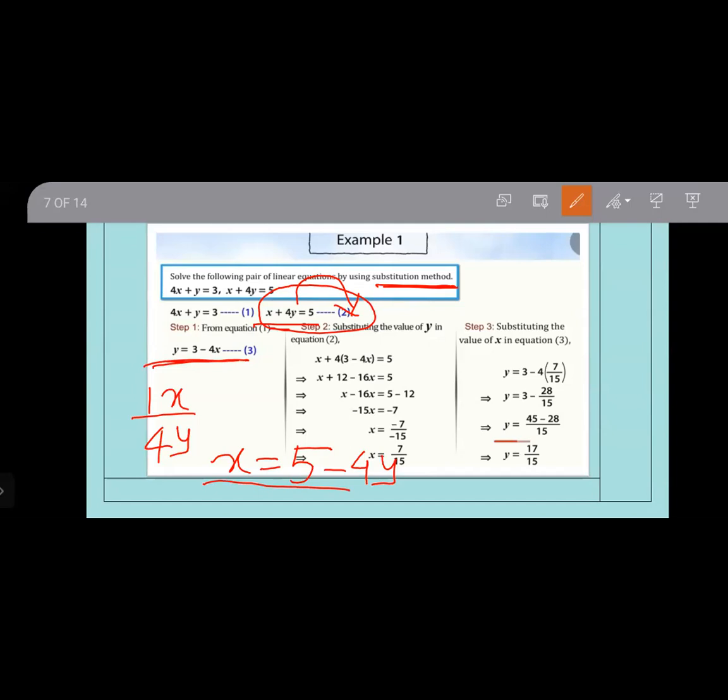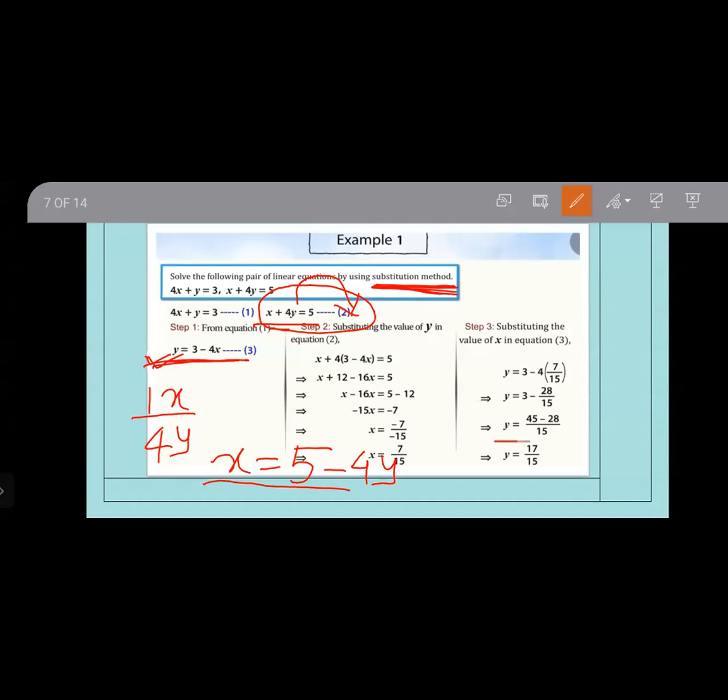That is the meaning of substitution: select one equation and convert it into the value of one variable. Why? Because I can substitute this value of y and get the value of x. That is the main intention of the substitution method, that we substitute the value of one variable so that we get the value of the other variable.